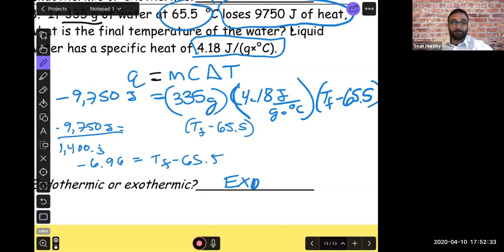And how do we get temperature final by itself? If we're subtracting on the right, we've got to do the opposite. So we've got to add on the right. Let me write that in red. Let's add 65.5 on the right. That cancels. And then let's add 65.5.